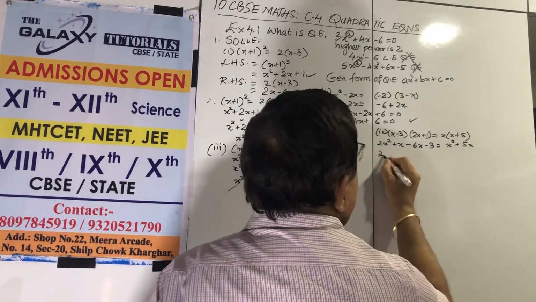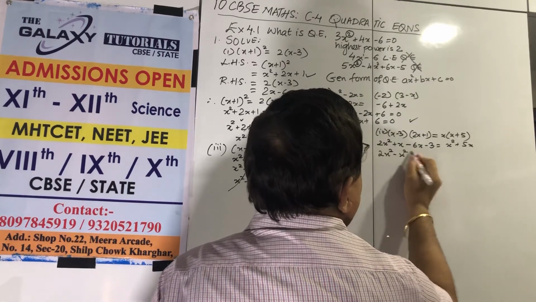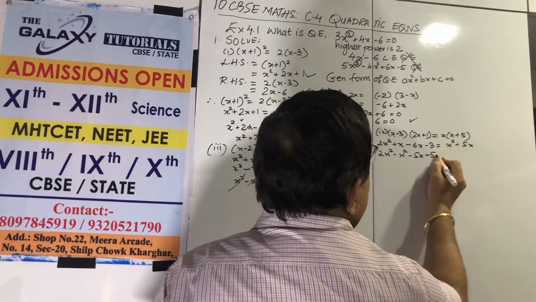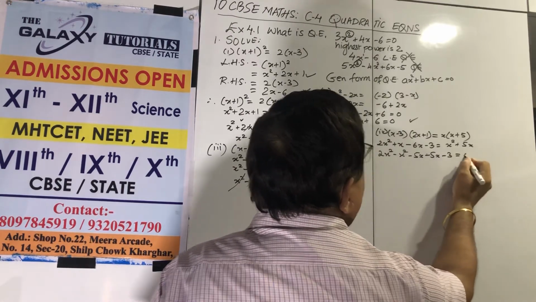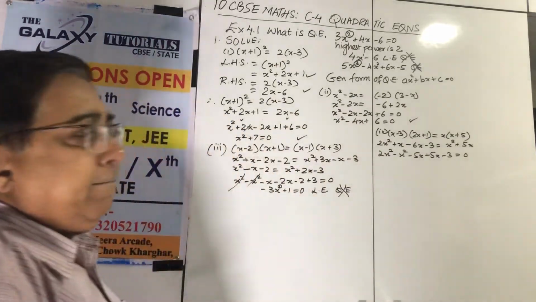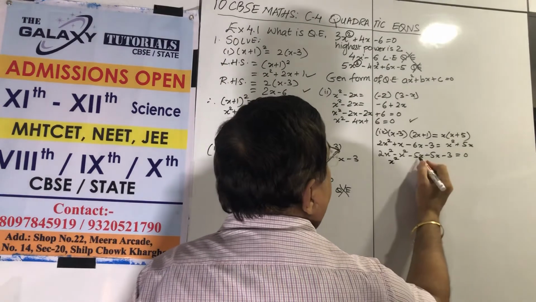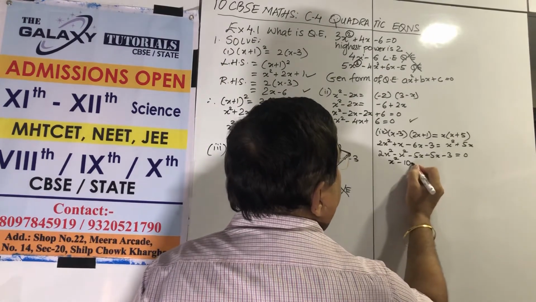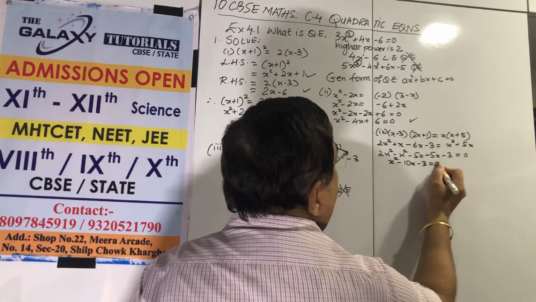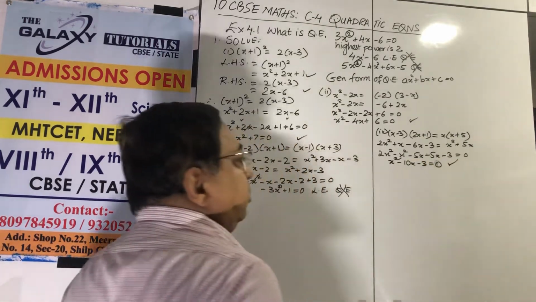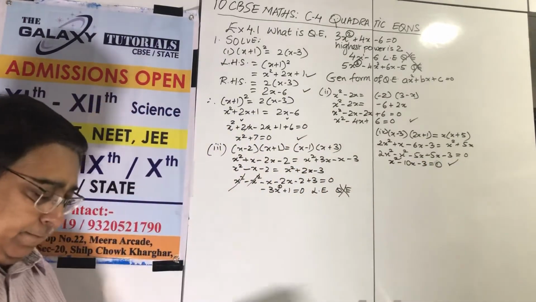Bringing all on one side, 2x square minus x square minus 5x minus 5x minus 3 is equal to 0. So 2x square minus x square is 1x square, minus 5x minus 5x is minus 10x, and minus 3. Of course, it is a quadratic equation. Highest power is 2, as you can see.